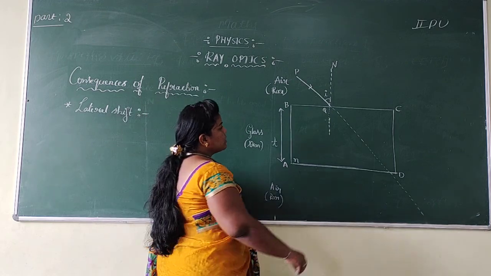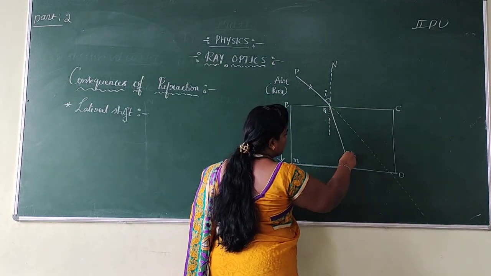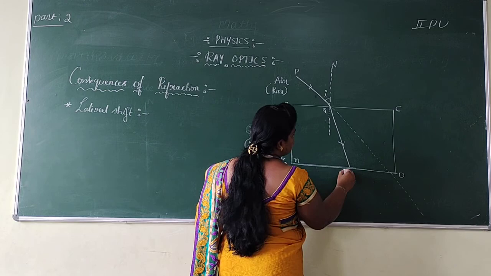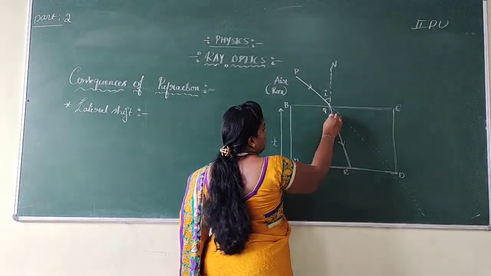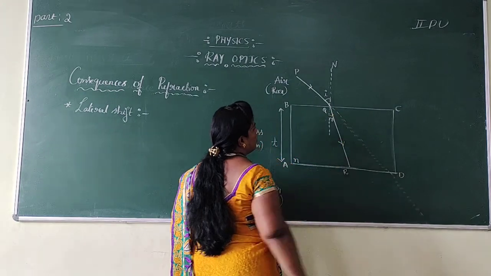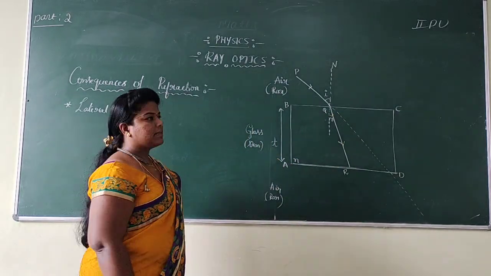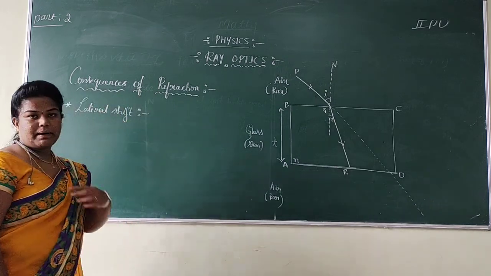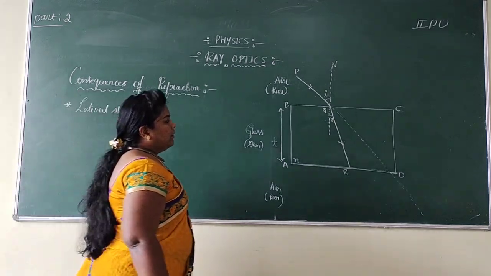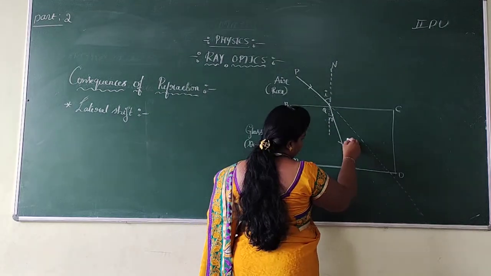Due to this, the ray shifts towards the normal, and QR is the refracted ray. The angle between the normal and the refracted ray QR is the angle of refraction, represented by R.